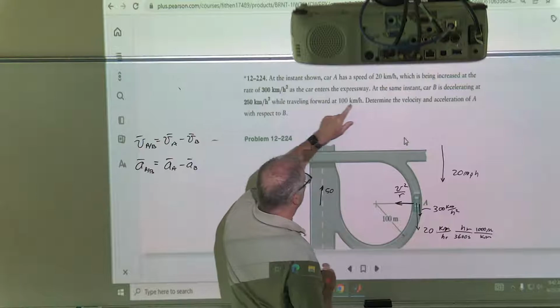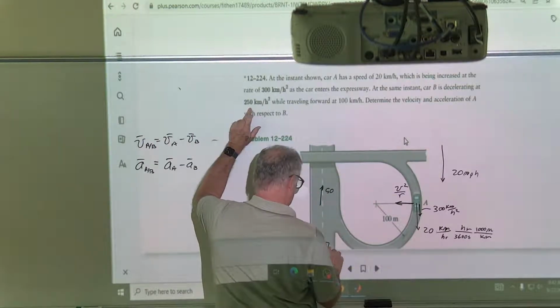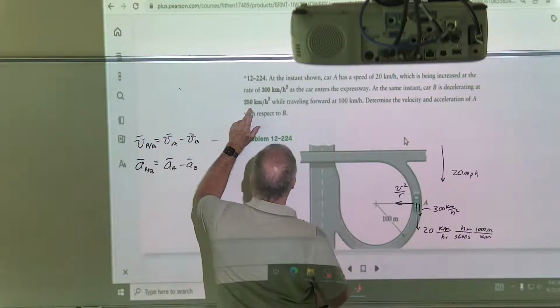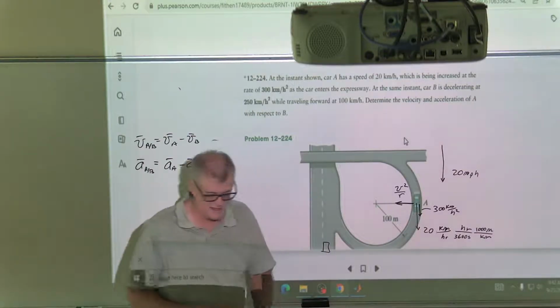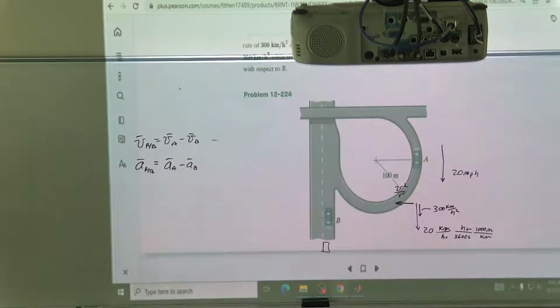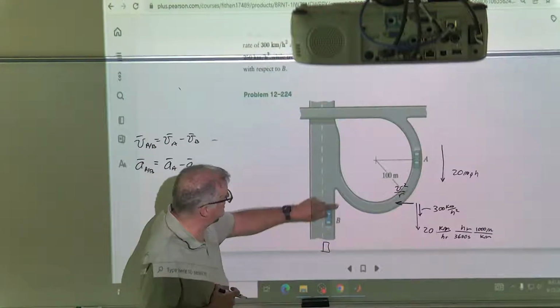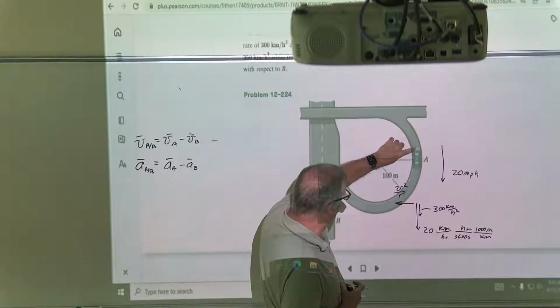Okay? At the same instant, B is decelerating. Okay, so I'm going to redraw B here. Now the question is B going this way or that way? And I think it was going north. And in the book, the way I sometimes determine that, if you notice, he has a little white shadow here, and a white shadow here, maybe implying that's dust off the car.